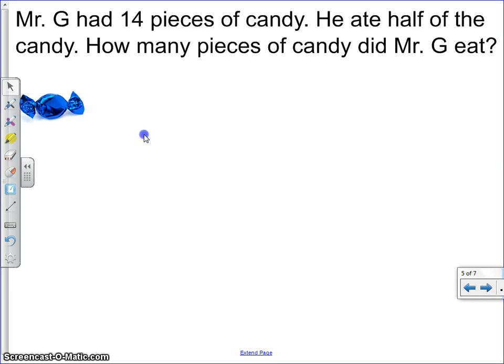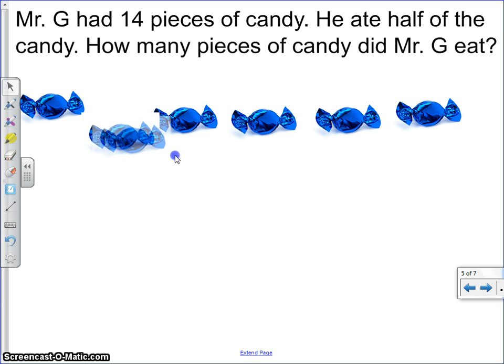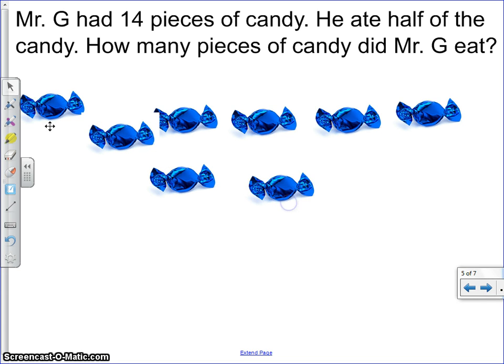We have 14 pieces, so if I bring them out there, 3, 4, 5, 6, 7, 8.